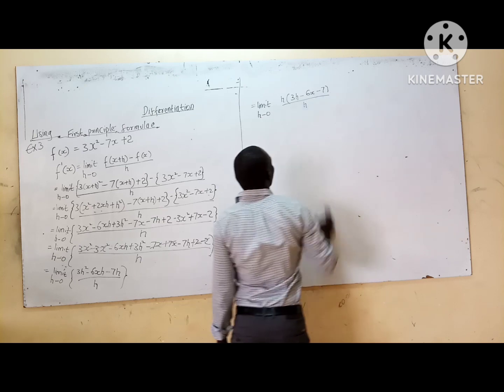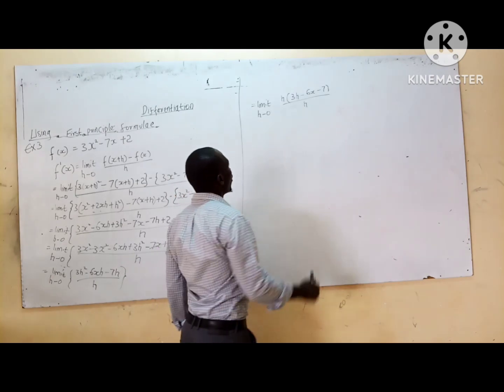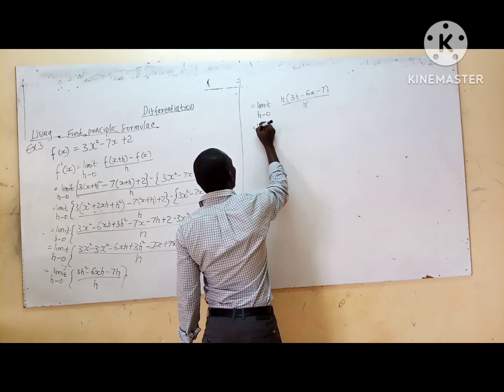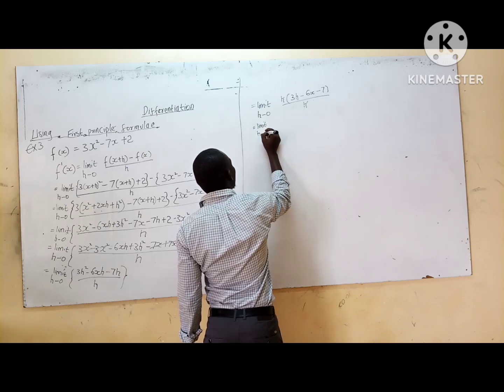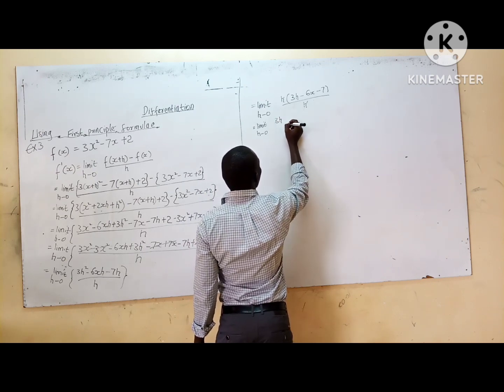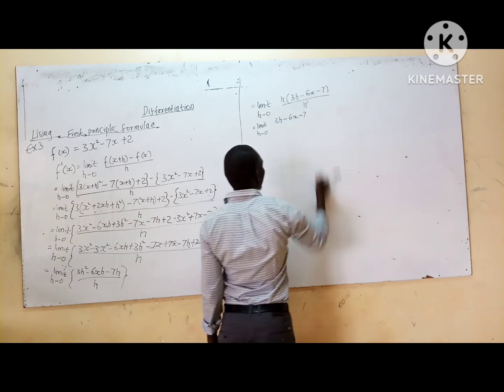Everything over h. Let us now do away with the term of h. This one will cancel out with that, and we are going to have limit h approaching 0 will be 3h minus 6x minus 7.